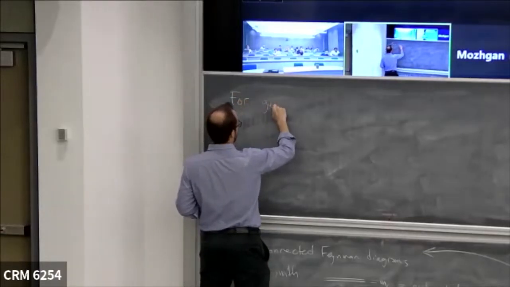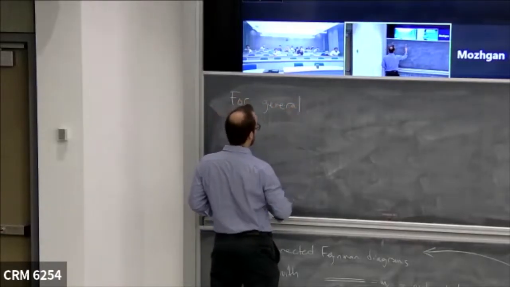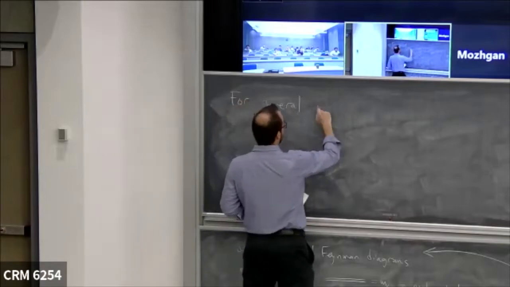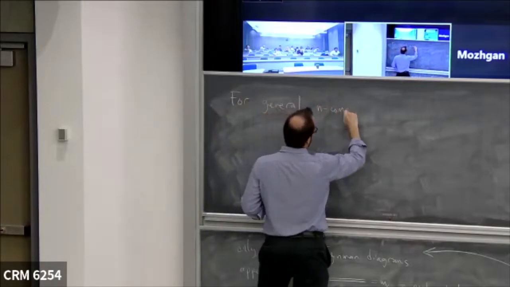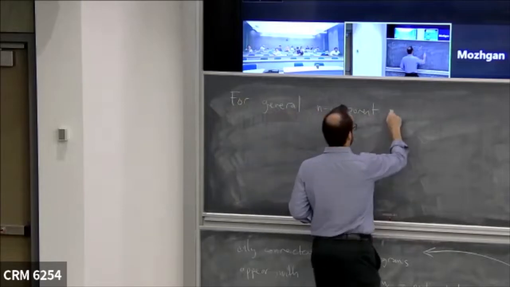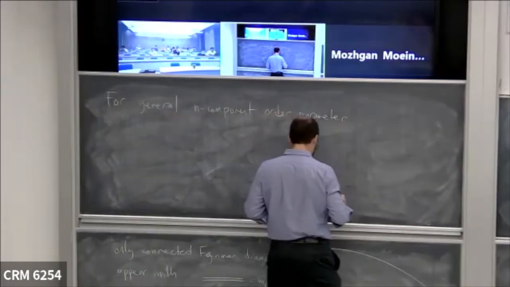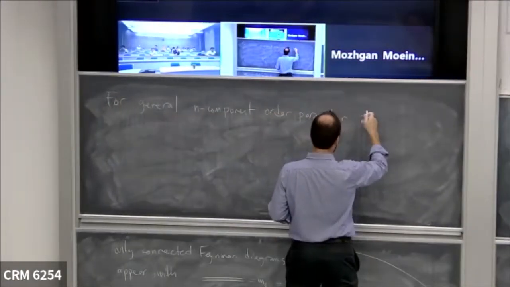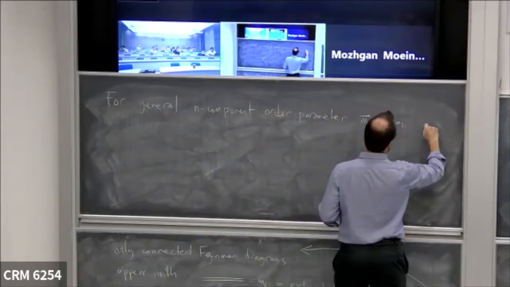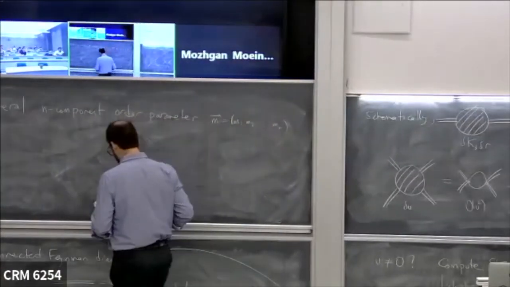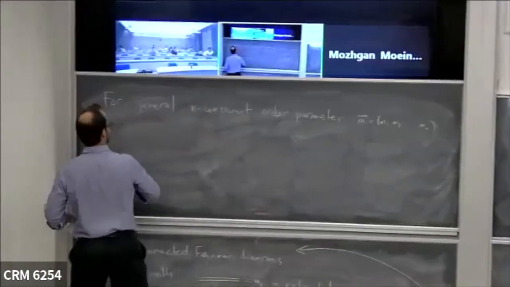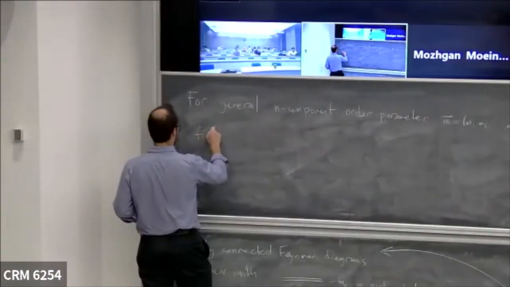We've talked about a single-component phi 4 theory appropriate to Ising, but we can consider an O(N) model with larger O(N) symmetry. So for a generic N-component order parameter, then what you find are the following flow equations when you put everything together.